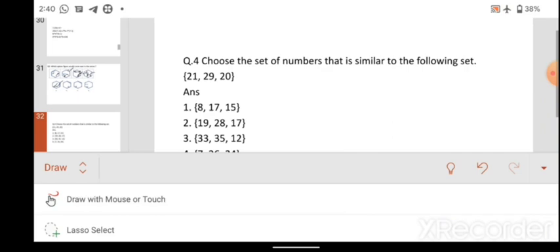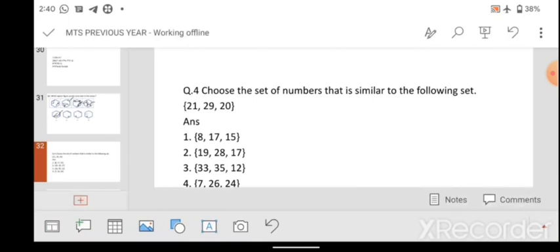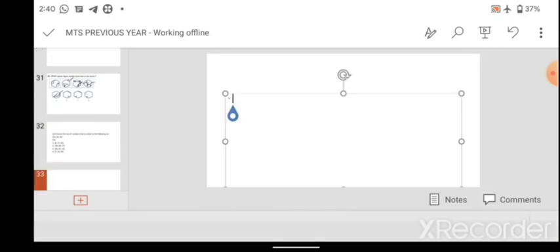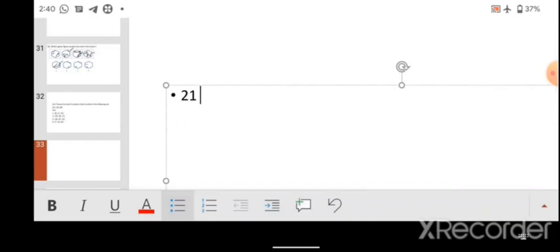Okay. Next question. Choose the set of numbers that is similar to the following set: 21, 29, 20. So what is the relation between 21, 29 and 20? Okay, let me write it down. 21, 29 and 20.